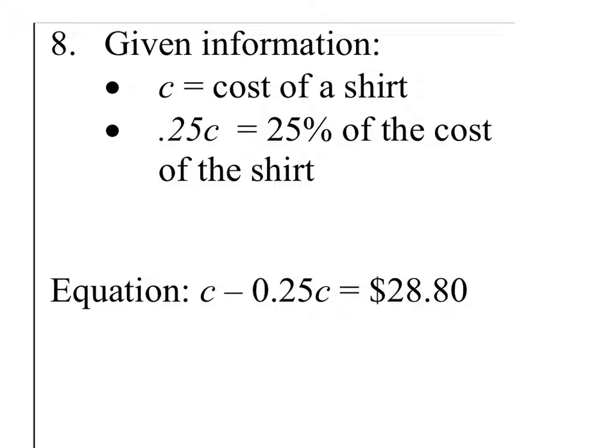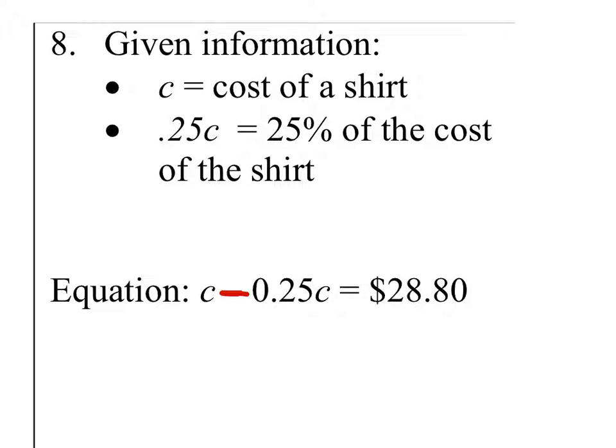Here we have some given info. C is the cost of a shirt, and then we got 0.25C, which is 25% of the cost of the shirt. But down here, it shows that the 25% is being taken off. So this should be some kind of discount when we describe it in the word problem. So we don't really need to describe C and 0.25C. That should just be incorporated into the words for the story problem.